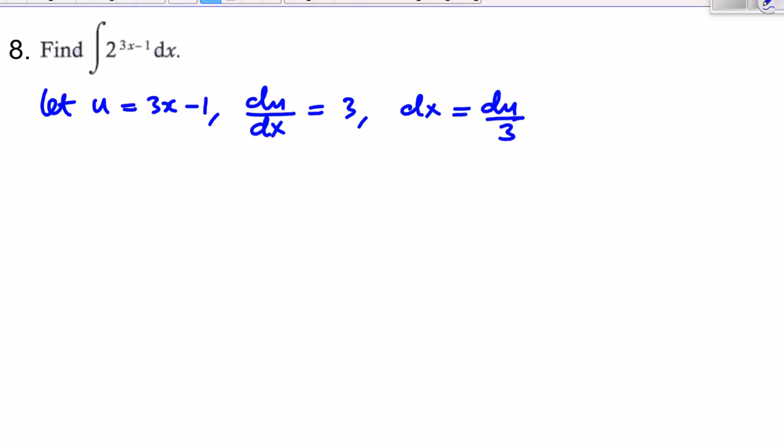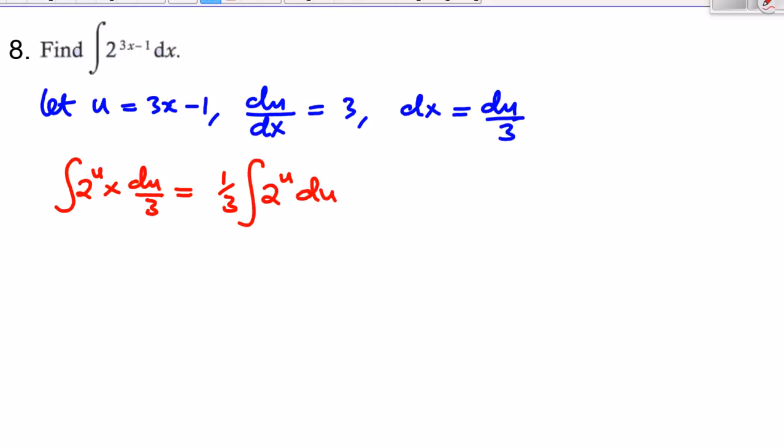And then the next step is substitute. So we'll end up with an integral of 2 to power u multiplied by du over 3, which will give me a third integral of 2 to power u du.